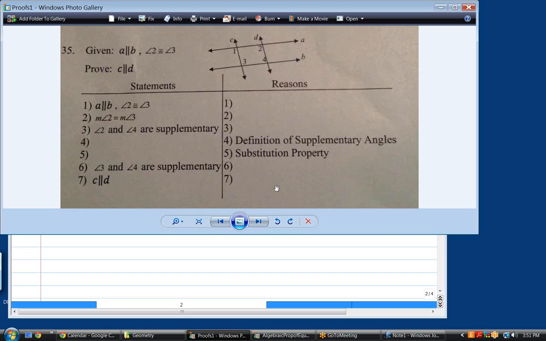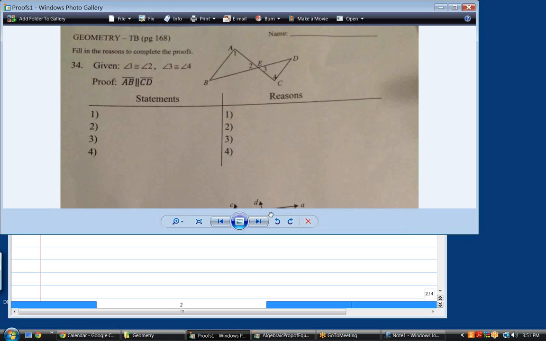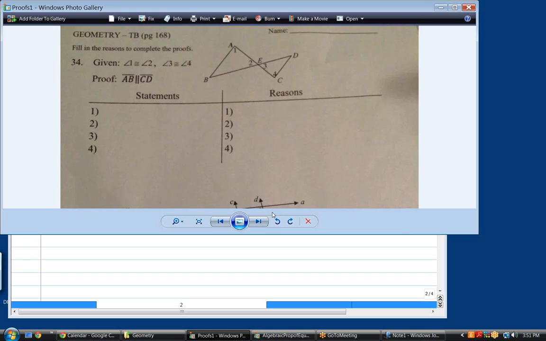But this is a great problem for teaching people two-column proofs, because you kind of get a little bit of a hint with each one. In other words, if I have to go back to here and do a two-column proof, much, much harder.